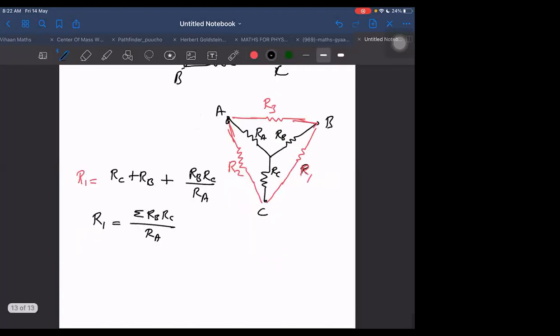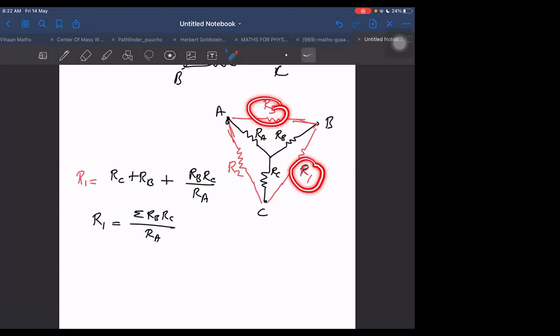That is one. And for the other one, I want to go back. Let us say somebody has given me R1 and R2, and I want to obtain RC. How to obtain RC? RC looks as if it is in parallel with R1 and R2. If it is in parallel with R1 and R2, then I can write it as R1 R2 upon R1 plus R2.